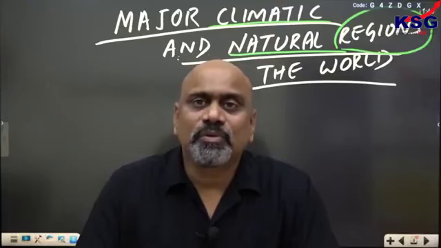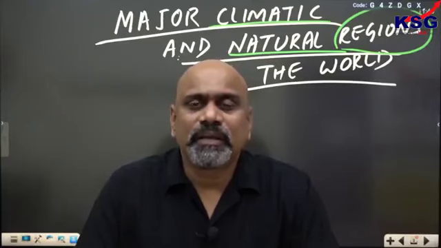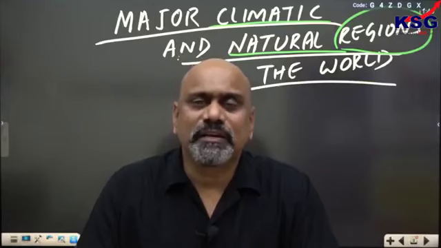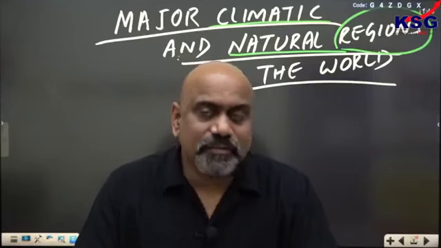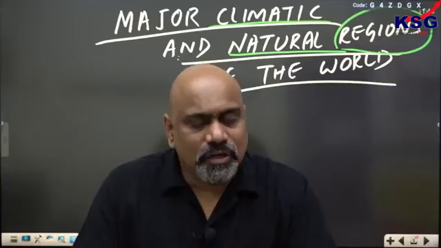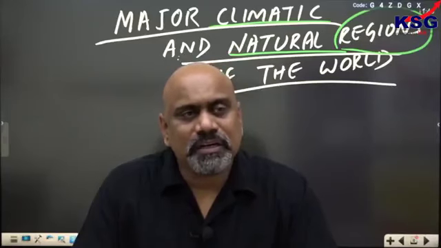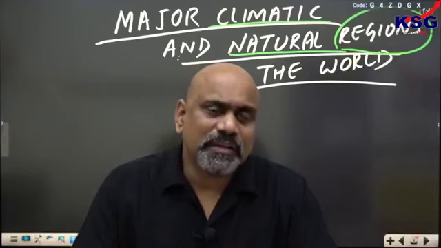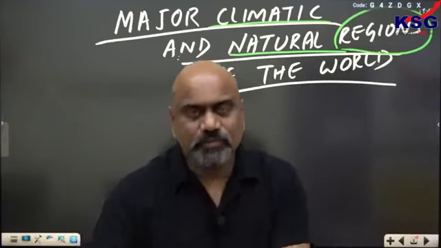Weather is the sum total of temperature, precipitation, pressure conditions, humidity, cloudiness of a region. This is weather. Average condition of the temperature, pressure condition, cloudiness, wind velocity, etc. is your weather. Climate is sum total of all of these for 30 years or more.